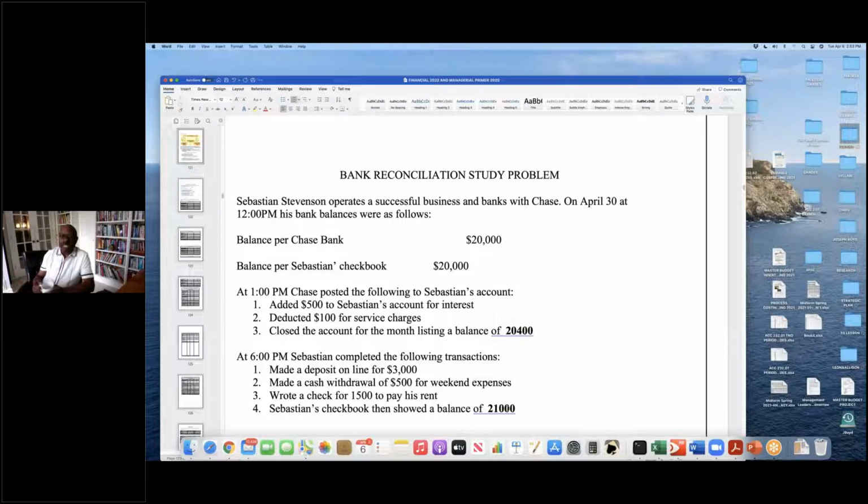So the question is, what is the correct bank balance that Sebastian has at the end of the day? On April 30th at 12, they're both at $20,000. What is Sebastian's correct balance at 12 midnight?